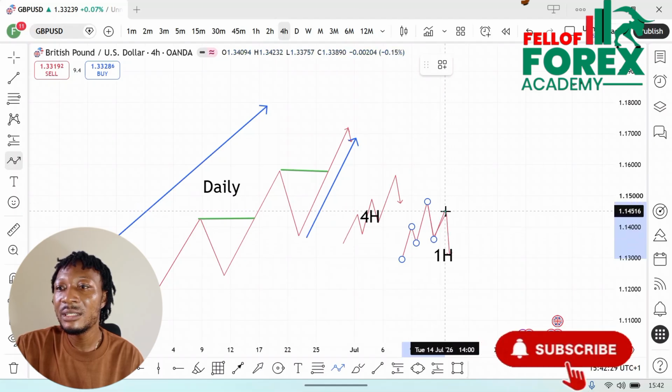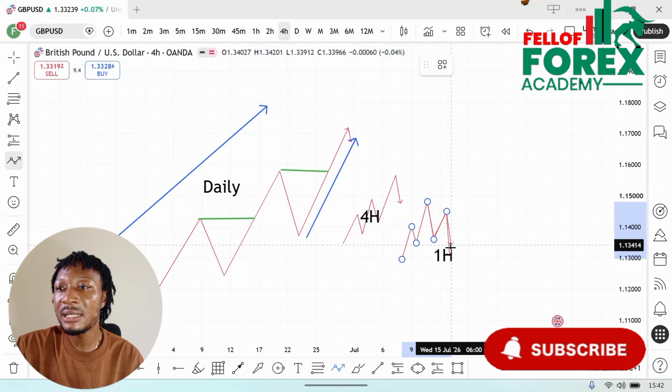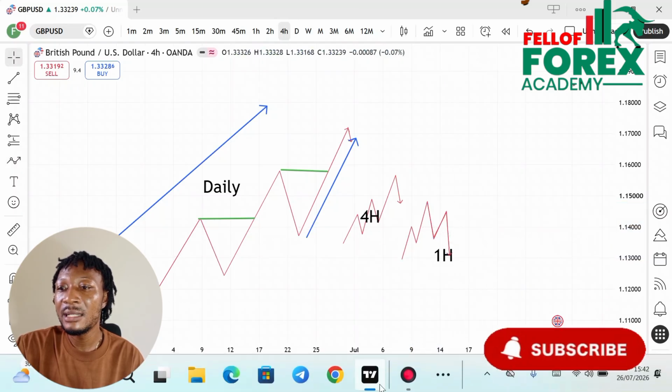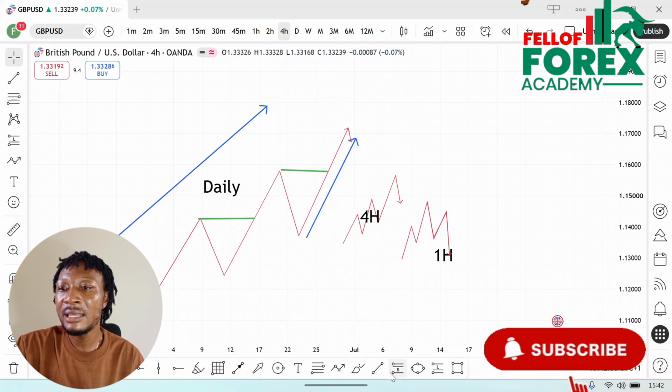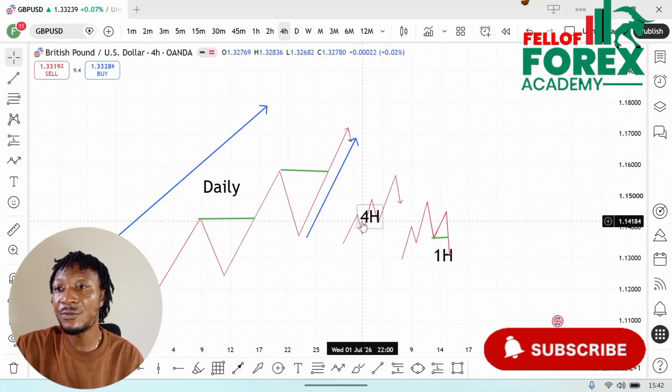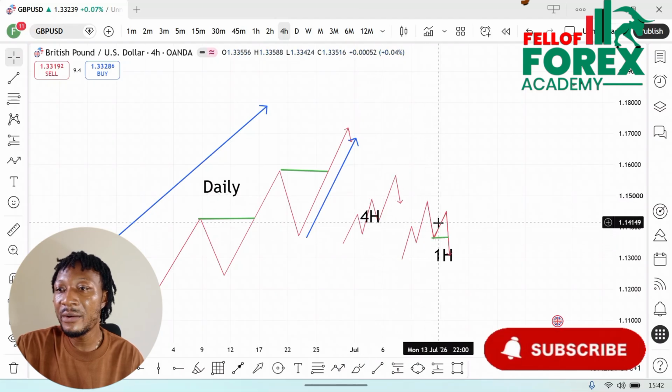Rather, what did it do? It created a lower high. And now, it has taken out the last low, right? And now, at this point, we can say we have a change of character on the 1 hour time frame, telling you the trend has changed from bullish to bearish on the 1 hour.